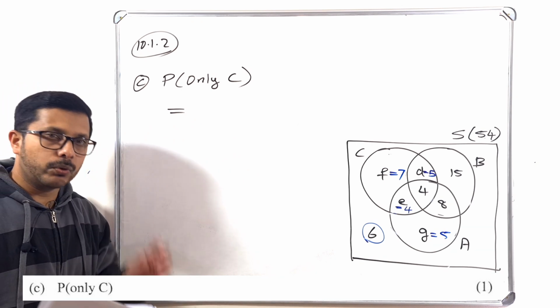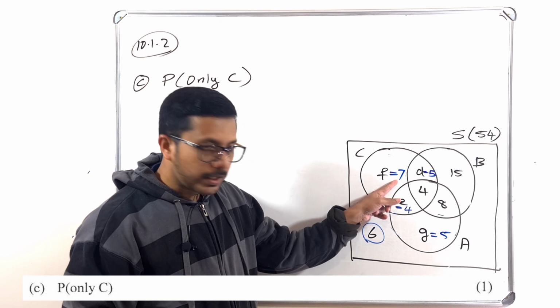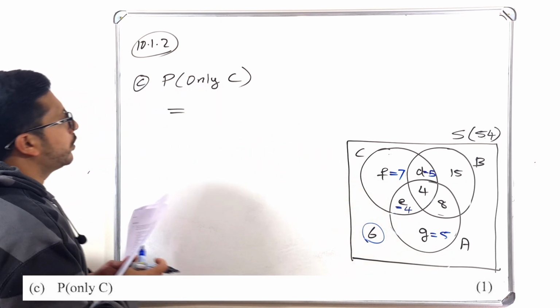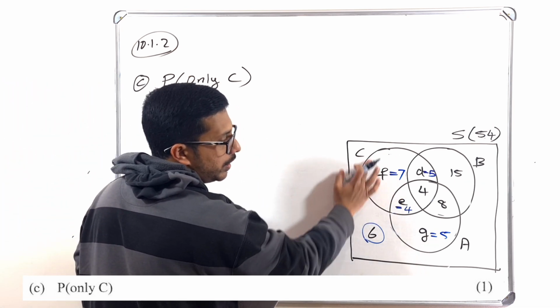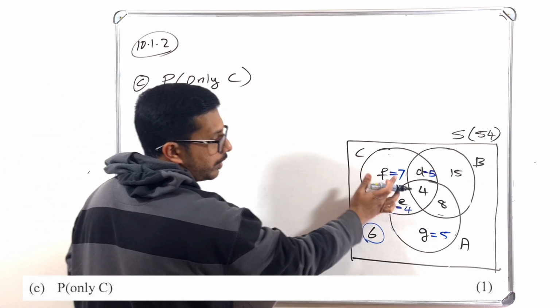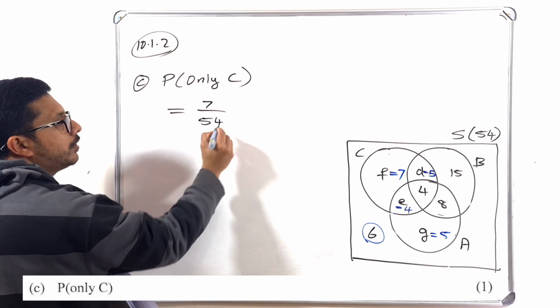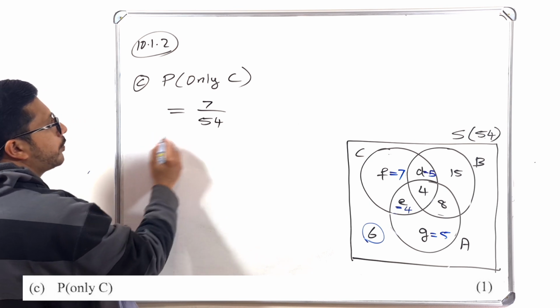That word only is very important. Only C means what? This 7. Only C means this area. How many are there? 7. So what is the probability? 7 over 54. Yeah, that's a simplified answer.